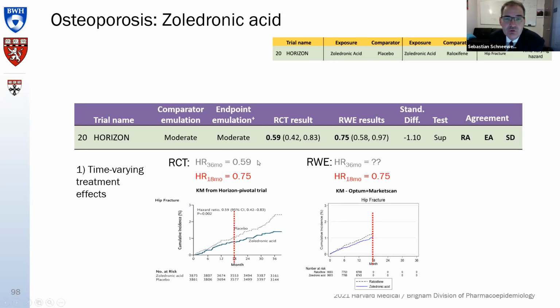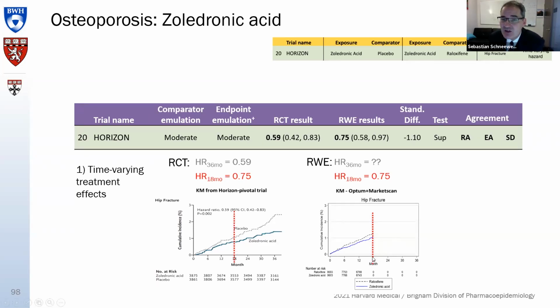In the randomized controlled trial for the 36 months follow-up, you see this 0.59. That's the RCT finding. If you look only at the first 18 months, you see 0.75. So there is some indication of time-varying treatment effects, that the treatment effect becomes larger the longer you're on the treatment.